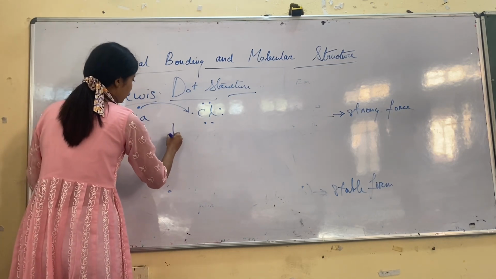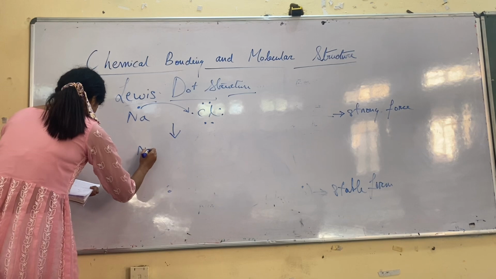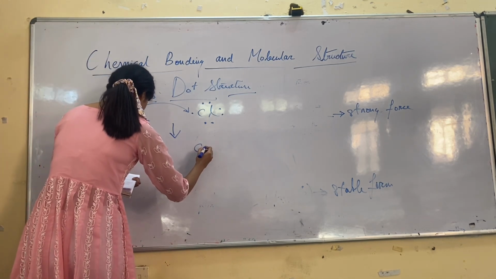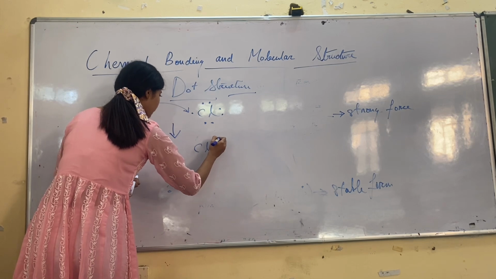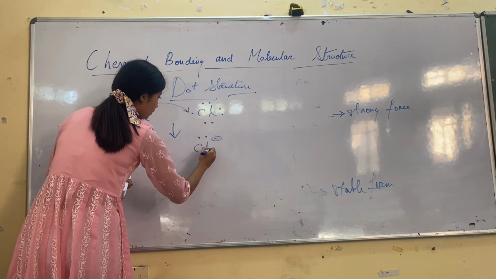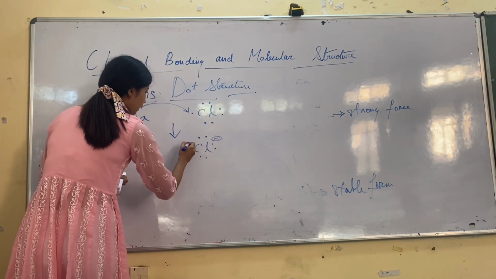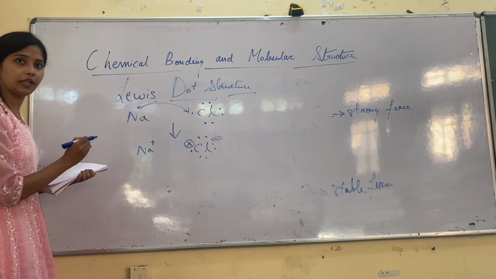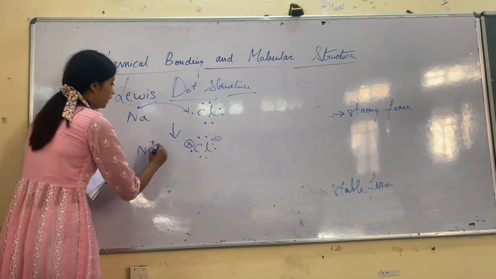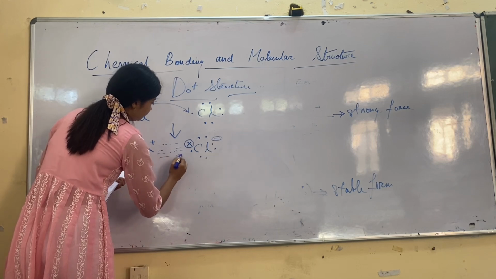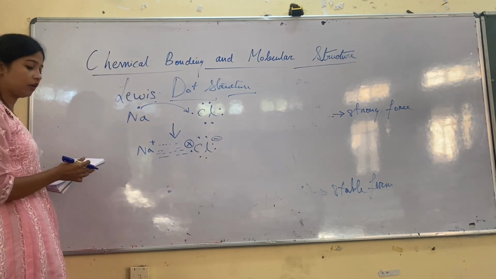This can also be denoted as Na+ Cl-, with 1, 2, 3, 4, 5, and it is denoted as a cross, as this electron is achieved from the Na. We can also show the electrostatic force between them. This is the Lewis-Dot structure of NaCl.